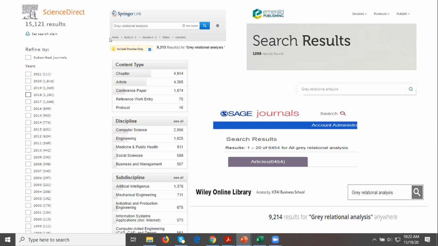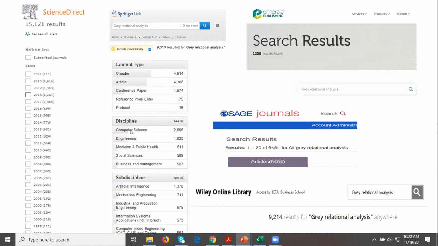Here the data is taken from Springer. I just searched gradation analysis and you can see almost 4,900 chapters are there, and 4,398 conference papers are published. Nearly 9,000 papers are published till now.